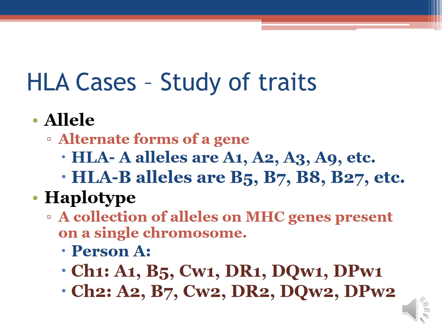And on the second chromosome, we'd have A2, B7, CW2, so on and so forth, and this would be inherited from the other parent. So one thing to keep in mind as we go further into this lecture: alleles are alternate forms of a gene, and haplotypes are the collection of those alleles.